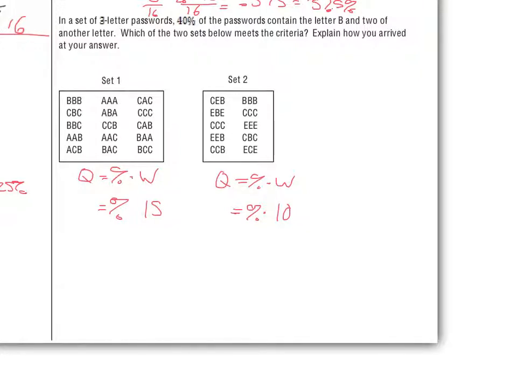So that's B, and then it's going to be double something else. So BCC counts, BAA counts, ABA counts. There's probably another one in here.